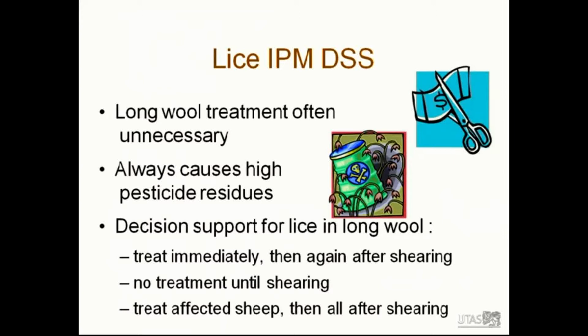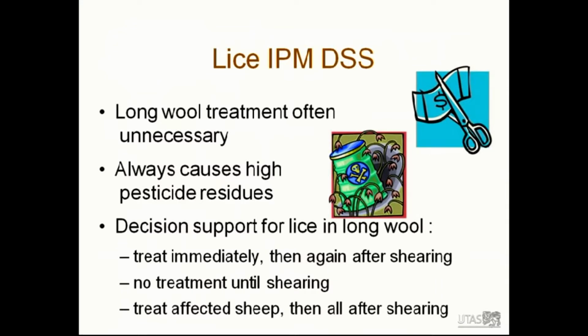And that means that if you use a long wool treatment, you're still going to have to treat at the next shearing. All you're going to do is control the lice. And so a lot of treatments like this are unnecessary. They invariably cause high issues with pesticide residues in the wool.